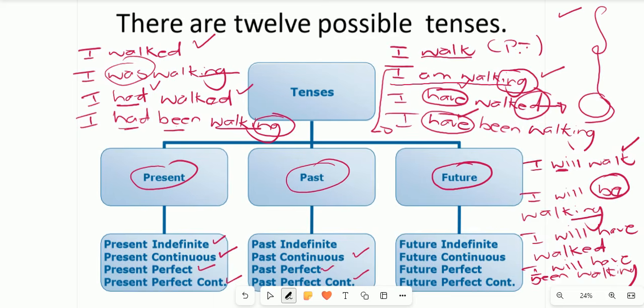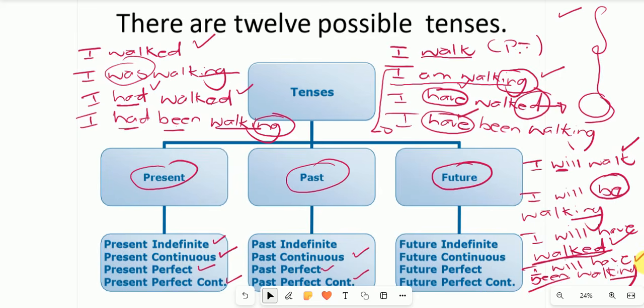And for future perfect, remember with perfect tenses we use either have or has: "I will have walked." So remember the rule I explained with the past participle, the verb changing to become a past form always, even though it's a future perfect tense. "I will have walked." And then future perfect continuous: "I will have been," we add the word been again, "walking."